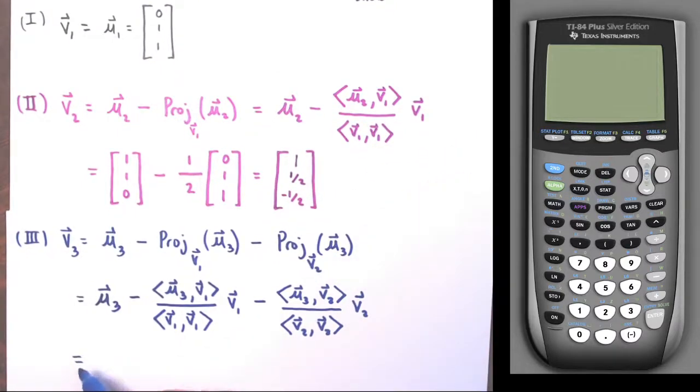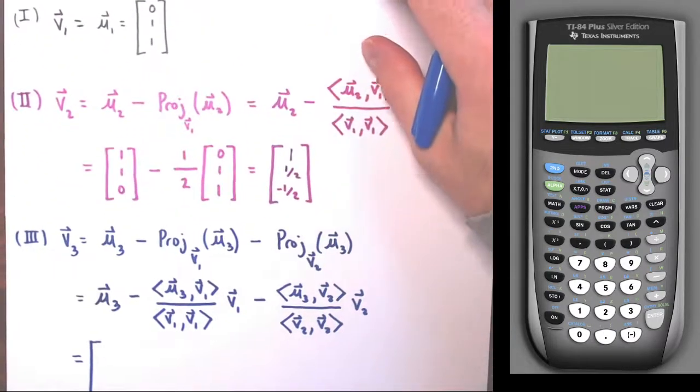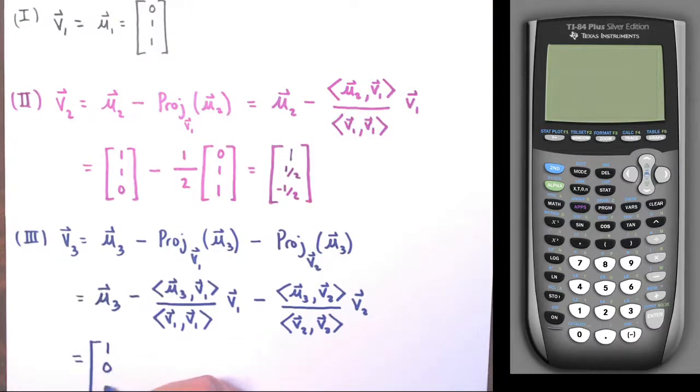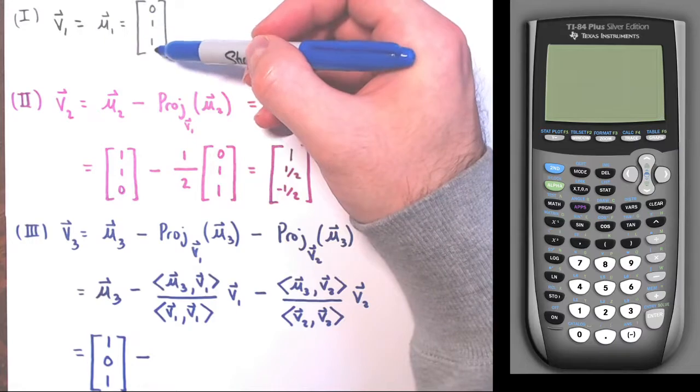All right, so what is u3? u3 was the vector 1, 0, 1, from the original basis. Minus. Now the inner product in this case is again the dot product. So what's the dot product of u3 with v1? So 1, 0, 1 with v1, 0, 1, 1.